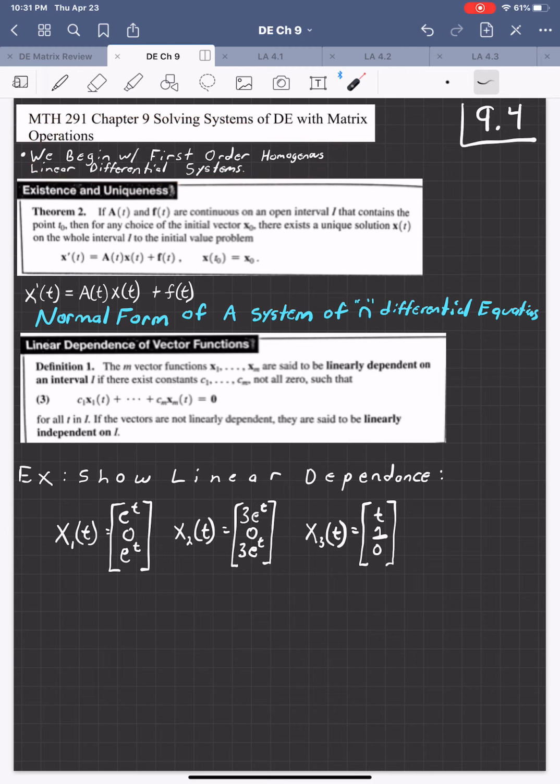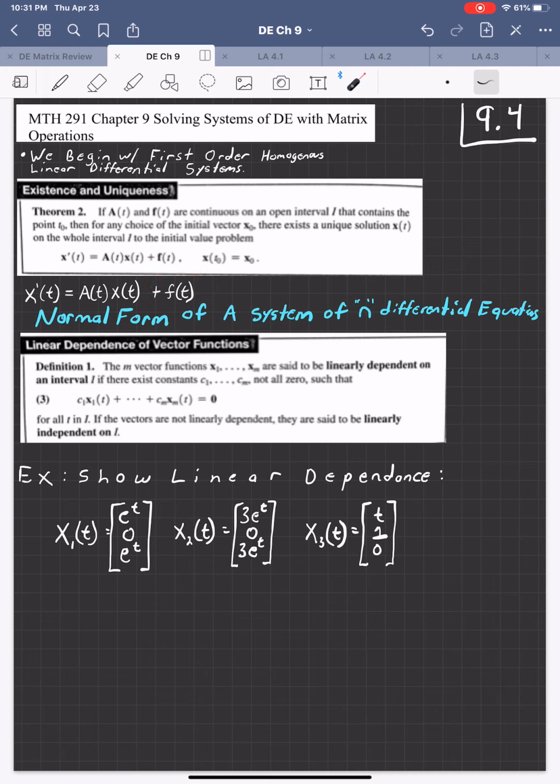So these are linear differential systems. The first thing to notice is that this form right here is something that's going to pop up a lot. If it's homogeneous, then the f of t portion is going to be equal to 0. If it's non-homogeneous, then you will have an f of t portion.